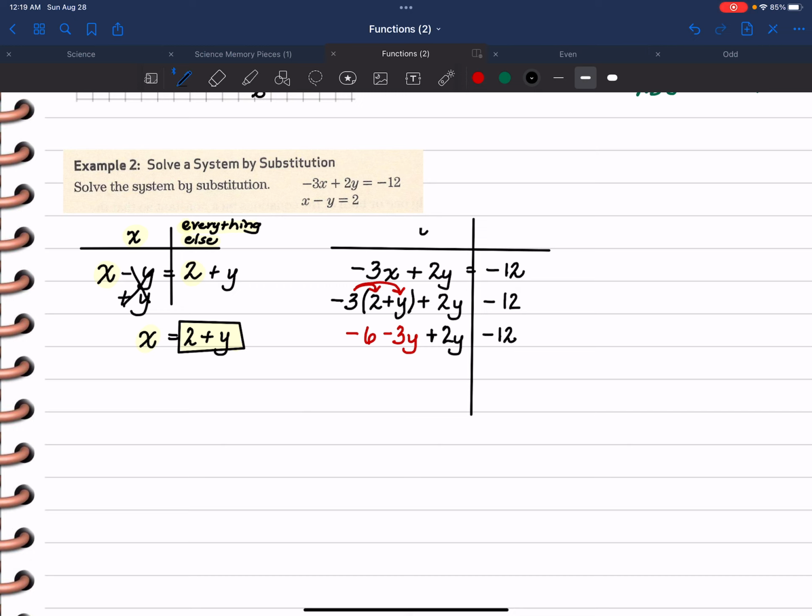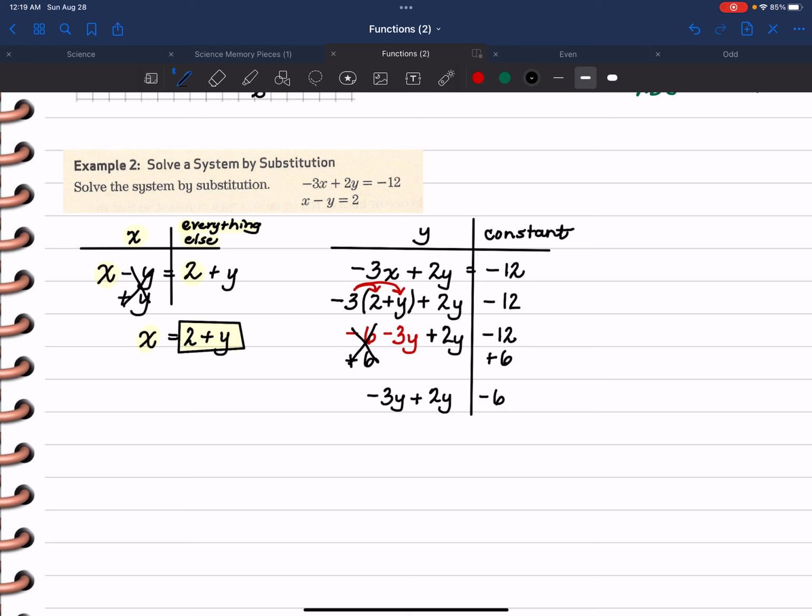Now, I want the y's on this side and the constants on this side. So I'm going to move that 6 over to this side and cancel it here. So I'm left with negative 3y plus 2y is negative 6.